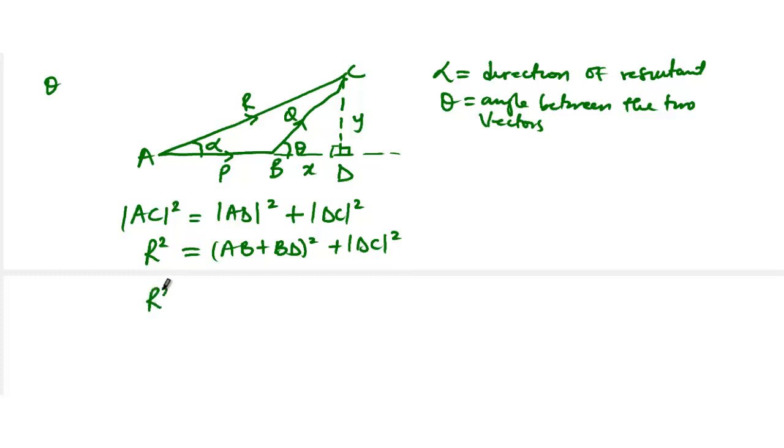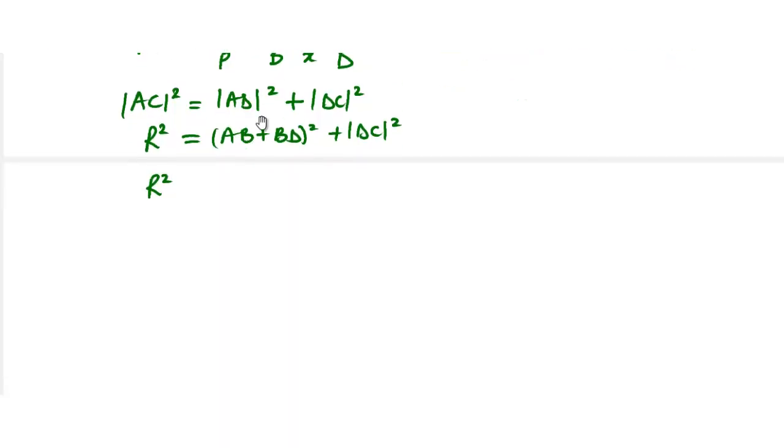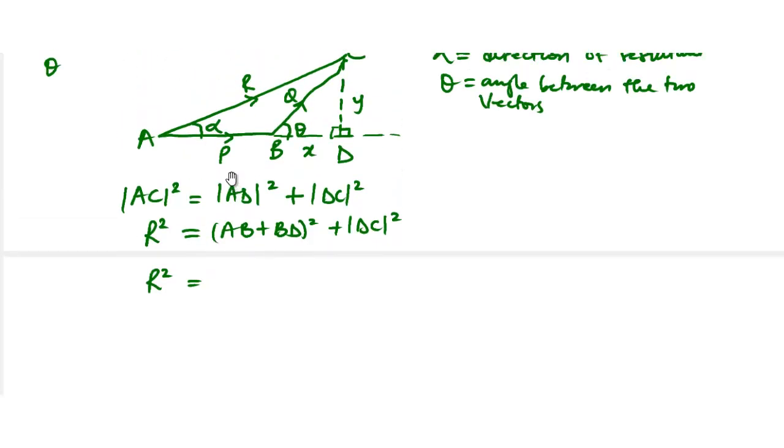What is AB? AB is P. Let me scroll down so that it won't get lost. So AB is P, plus BD, that is P plus X, then everything squared, plus DC, that is Y square.